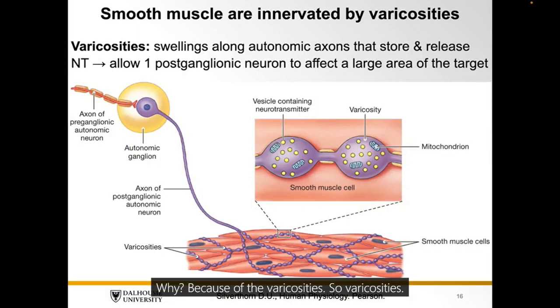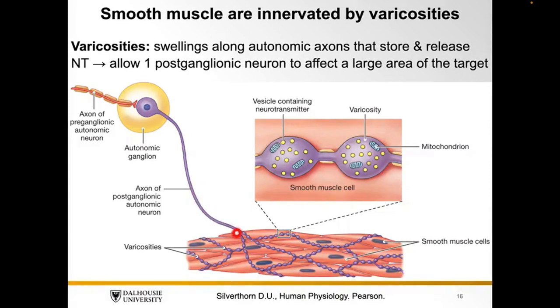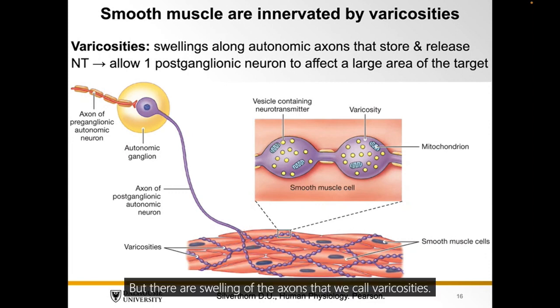So varicosities, and you can see them right here, are basically part of the axon that is swollen. So if I bring your attention here, we have the postganglionic neuron here in its axon. And when it gets closer to the target tissues, it starts having all of those little beads almost, but there's swelling of the axons that we call varicosities.